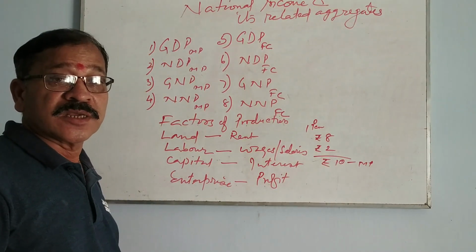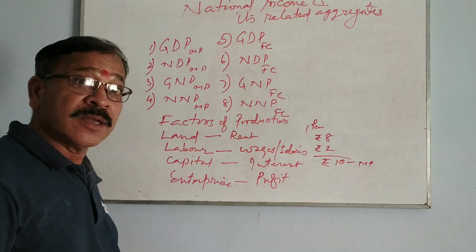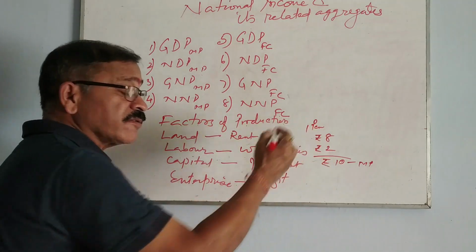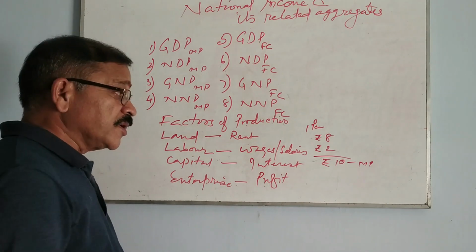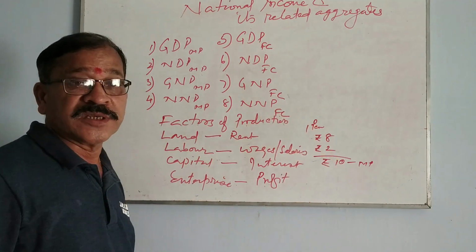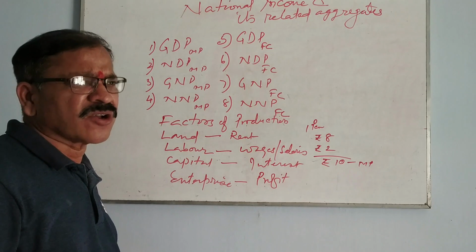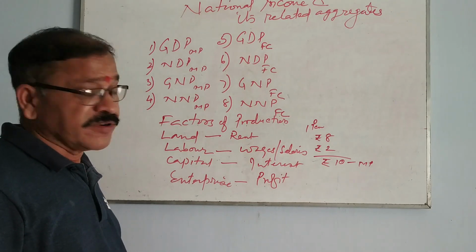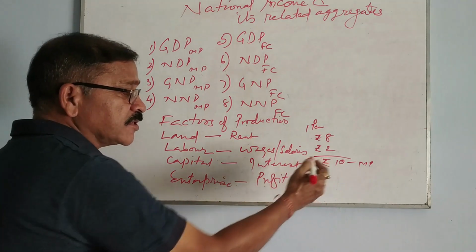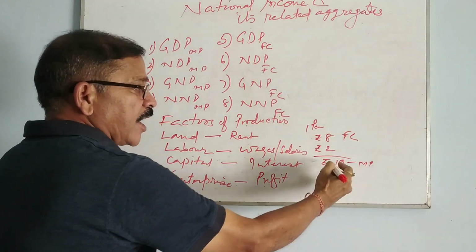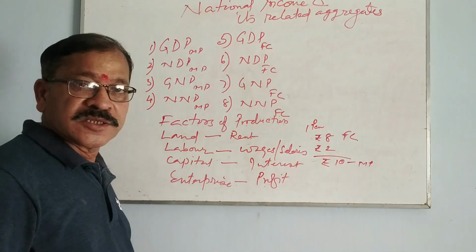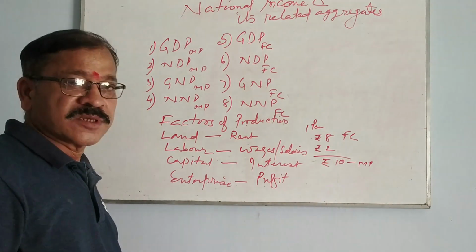So factor cost is 8 rupees and market price is 10 rupees, because 2 rupees as indirect tax is levied on the pen. So my factor cost is 8 rupees and my MP, that is market price, is 10 rupees.